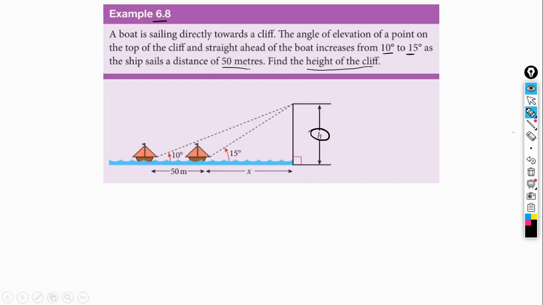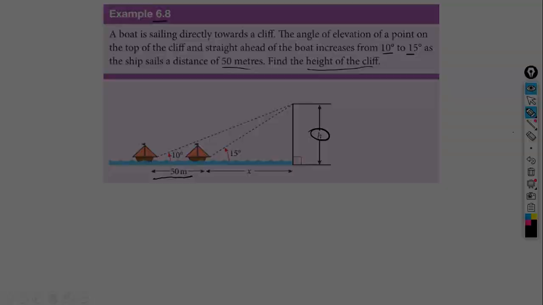Now notice that it's very interesting that by simply measuring the distance covered by the ship with the angle changing from 10 degrees to 15 degrees of elevation, we are able to calculate the height, in this case, of a cliff. This is going to require separating two triangles and solving a system of equations.